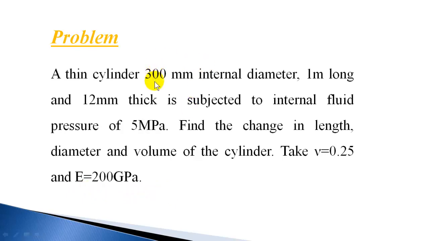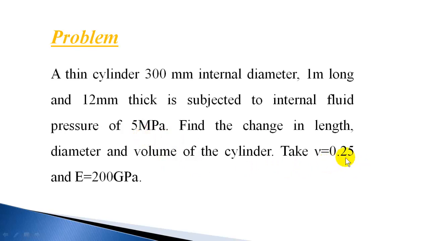So it is a thin cylinder with internal diameter 300 mm, length 1 meter, and wall thickness 12 mm, subjected to internal fluid pressure of 5 megapascal. You have to find the change in length, diameter and volume of the cylinder as a result of this internal fluid pressure.